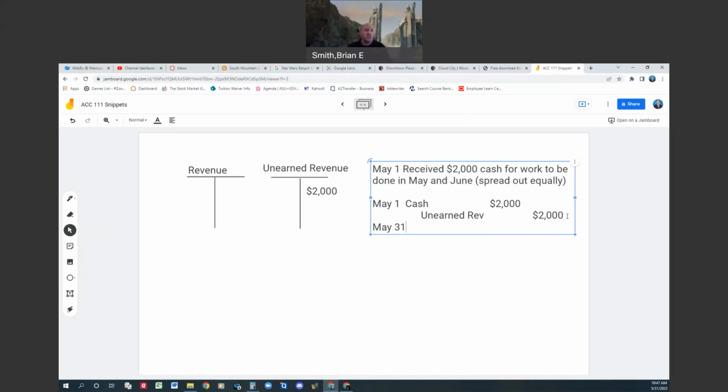So we need to do an adjusting journal entry. We need to reduce unearned revenue by $1,000, and we need to move $1,000 of this over to our revenue, just regular revenue.